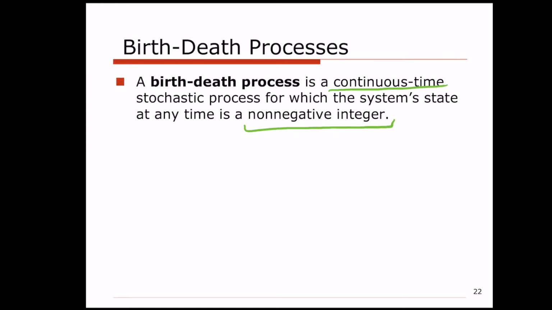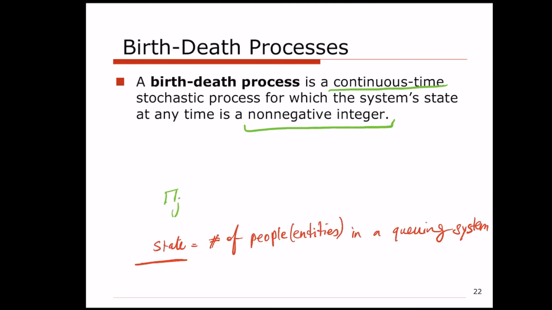Like any stochastic process, if we say that the queuing system is a stochastic process, then we have to calculate steady state probabilities pi j. And what does pi j mean? If j, which is the state of the system, shows the number of people or entities in a queuing system at any point of time, then pi j shows the steady state probability for this stochastic system, meaning the probability that in the long run there are j people in the system.